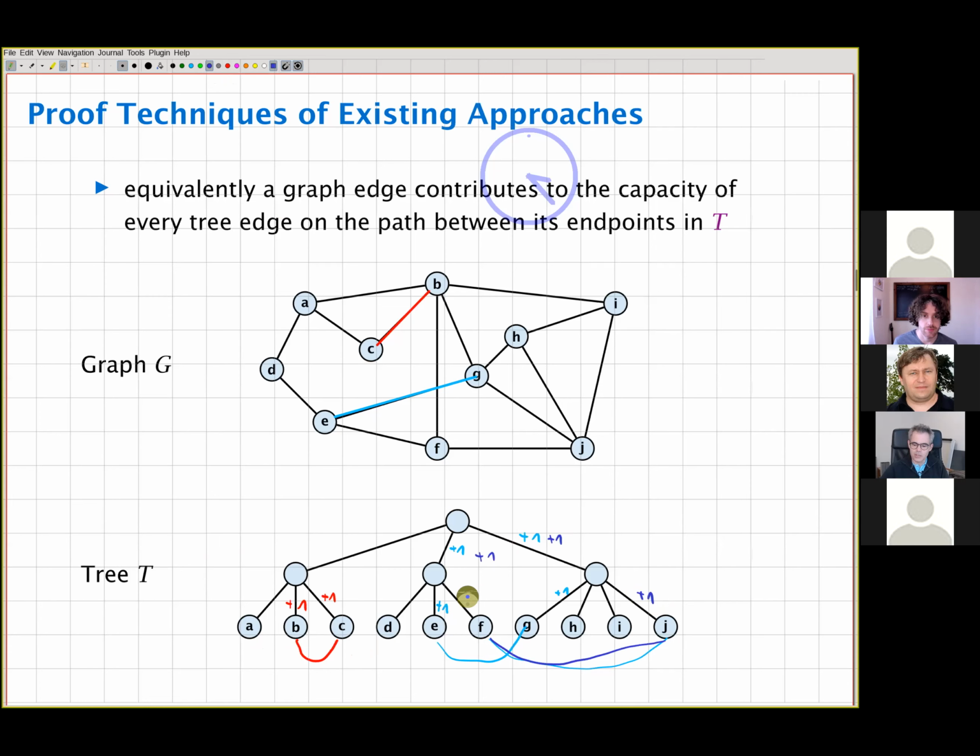I get a +1 here and a +1 here. So these would also already have a capacity of 2 and so on. So this is the same assignment as before. And now if I do the standard assignment, I already get the guarantee that the cuts in the tree always dominate the cuts in the graph.